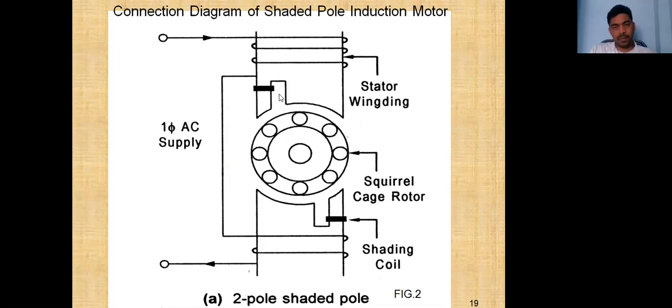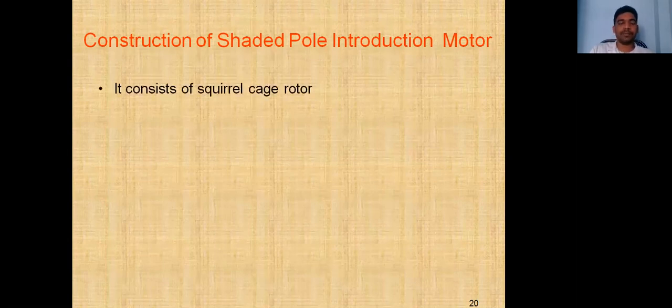Flux is passed with this winding. Here, due to the shading, the flux distribution is not equal. Construction of the shaded pole induction motor.